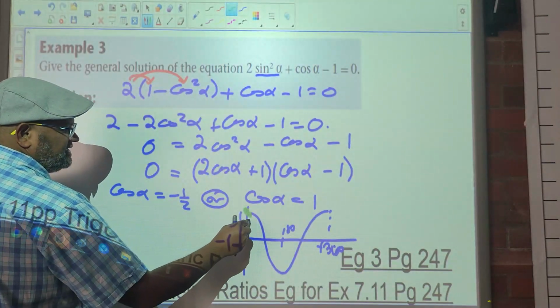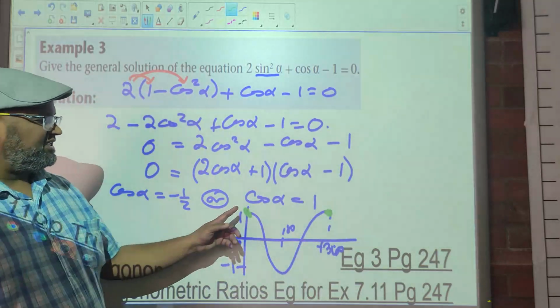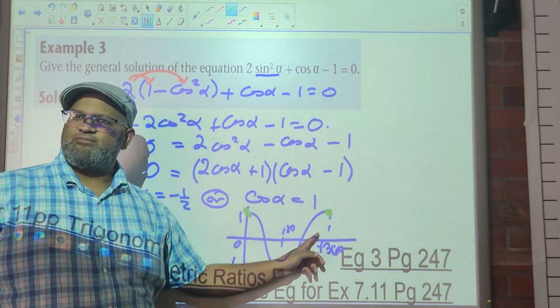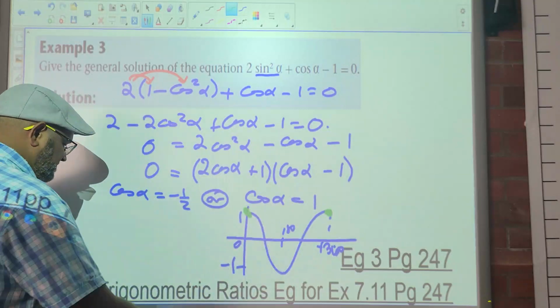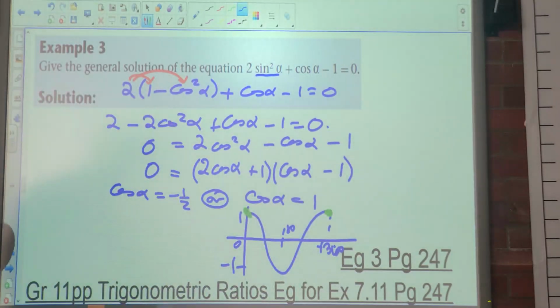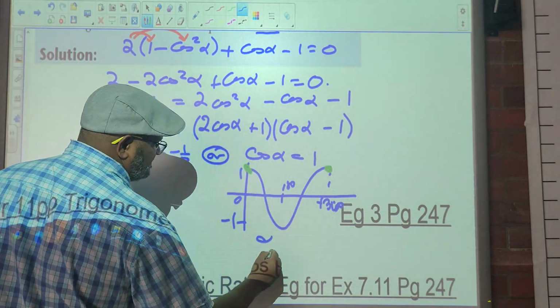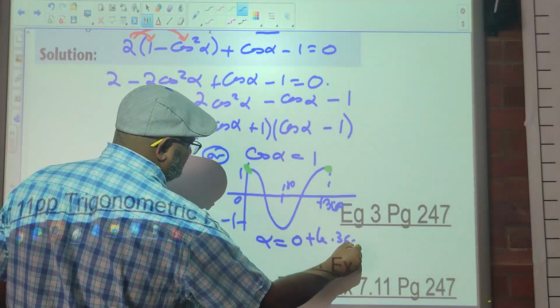At 0 or at 360. But you see that if you say 0 plus k times 360, I'm actually including this one here. You all see that? Because if I had a general solution for 0, what will this general solution be? Alpha is equal to 0 plus k times 360.